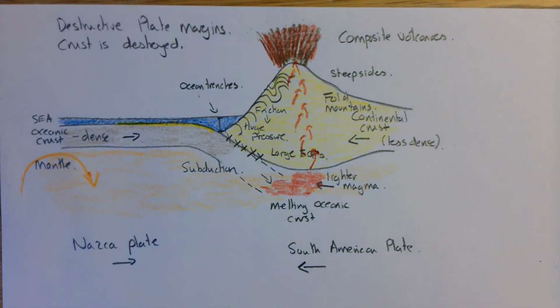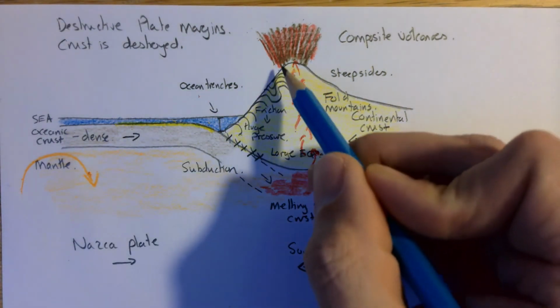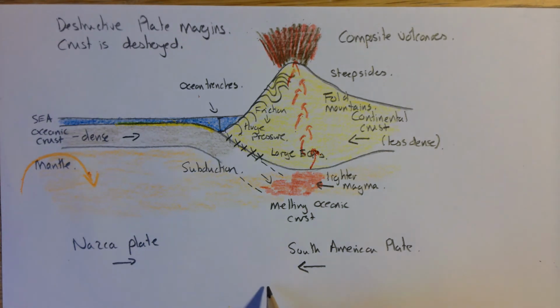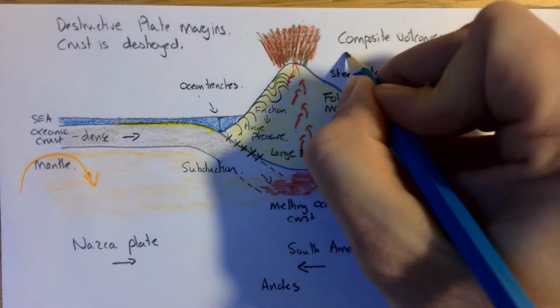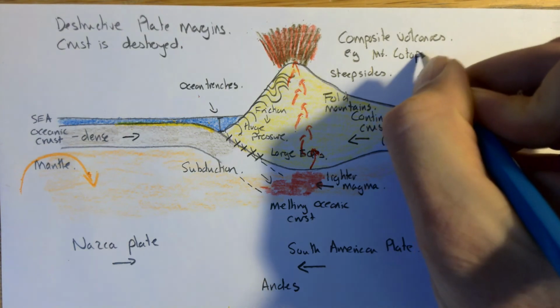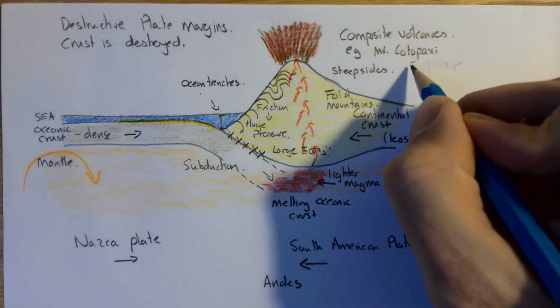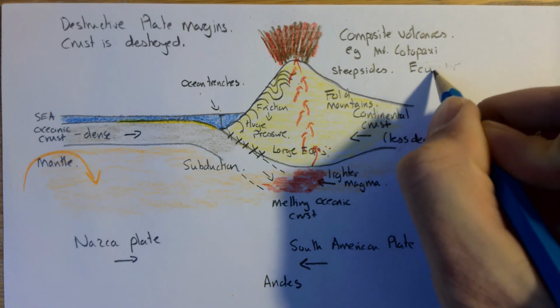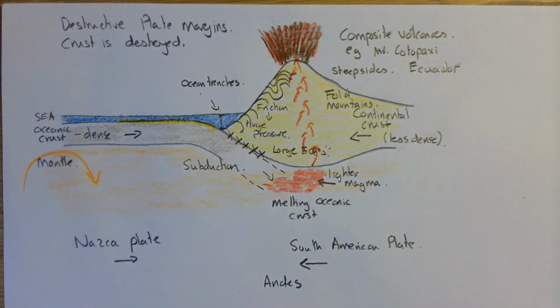Where they meet, we find this line of fold mountains that are called the Andes, and they run down the length of South America, occasionally with composite volcanoes, and an example of that is Mount Cotopaxi in Ecuador.